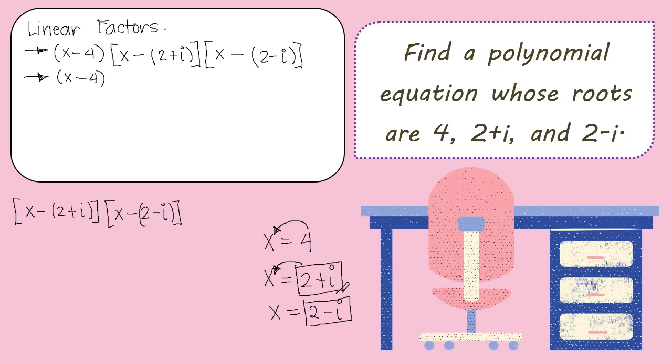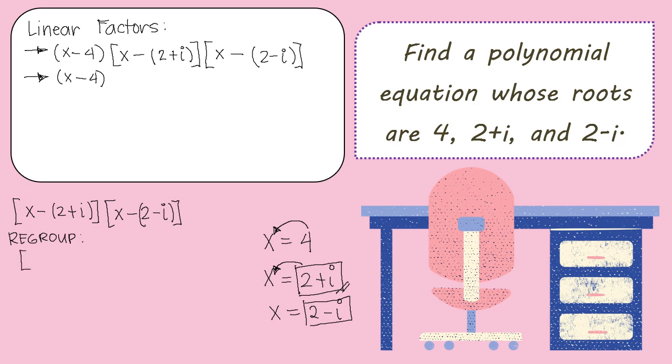How are we supposed to multiply this kind of linear factors? I will just present to you some shortcuts, and I look for some patterns for us to easily multiply these two. We will relate this to some of the special products so that we can easily multiply this. But before we do that, we need to first regroup. So how are we going to regroup the given linear factors?